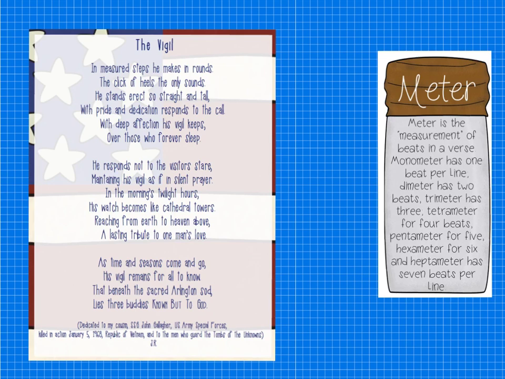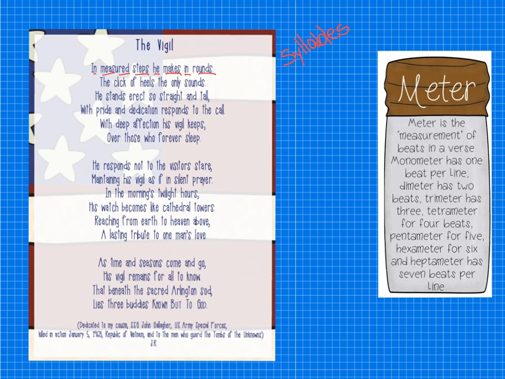In order for us to consider the idea of meter, we have to look at the idea of syllabication, or look at the syllables. So if I take a look at this first line, I have, "In measured steps he makes in rounds."